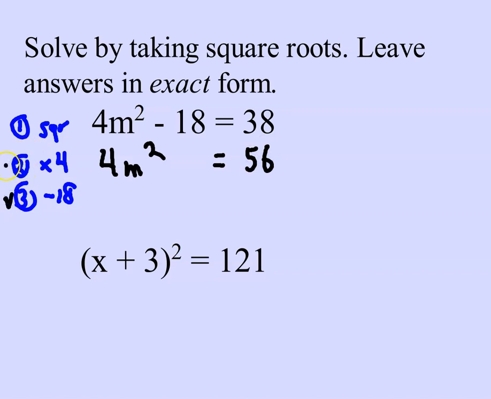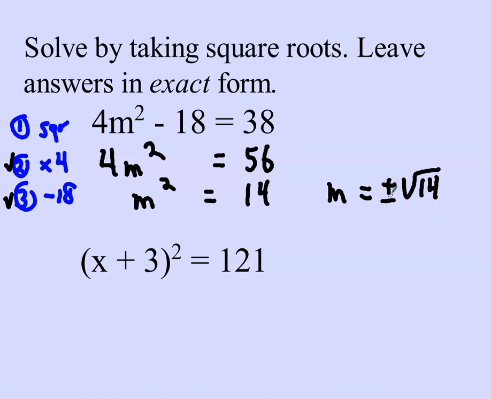Let's undo multiplying by 4 by dividing by 4. So divide the left side by 4, you just get m squared. Divide the right side by 4. 56 divided by 4 is 14. Okay. Now, is there a number that squares to get 14? No whole number. So you'll write m equals the square root of 14. And don't forget, there are two possible solutions.